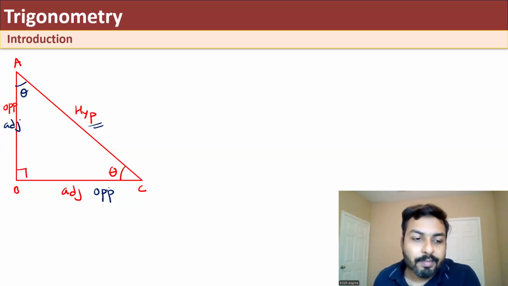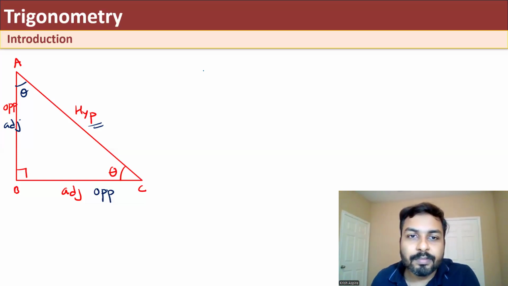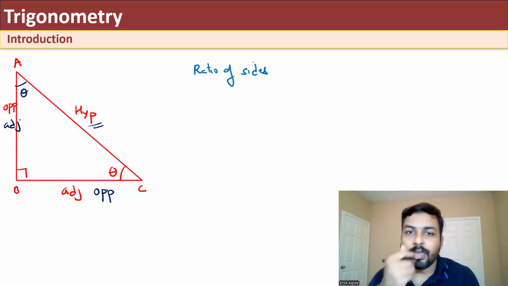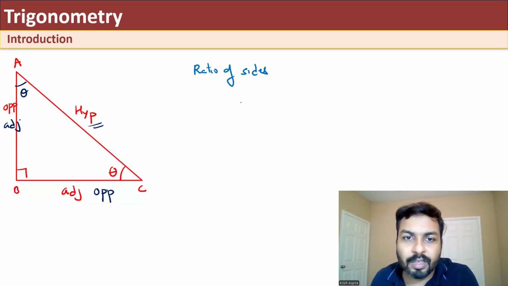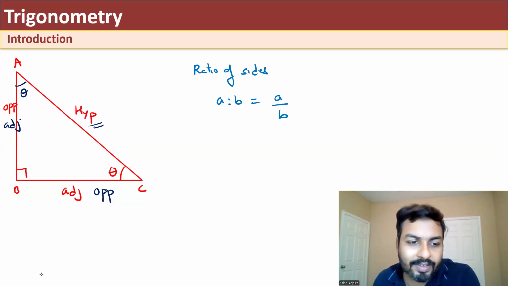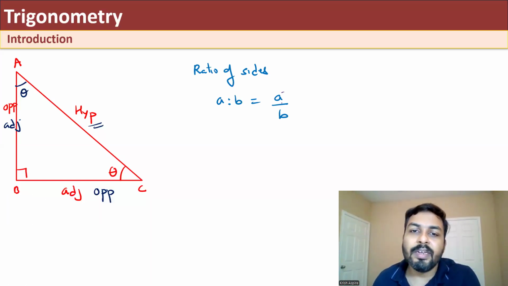Now, tell me one thing. If I say ratio of sides, in this triangle, if I take the ratio of the sides, how does a ratio look like? A ratio looks like this, which can be written as A by B. Now you tell me, if I take the ratio of these sides, in how many ways can I choose the numerator?